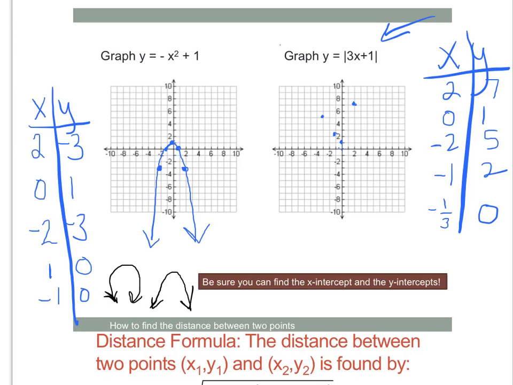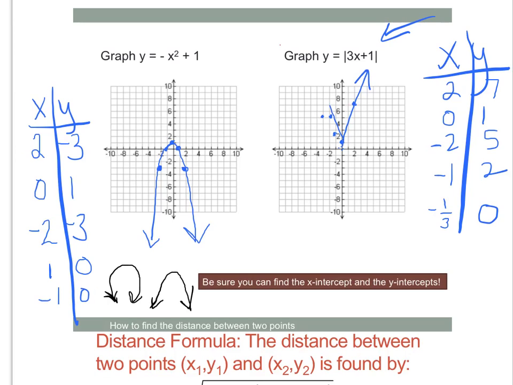I know what I didn't plot correctly. I've got a point that's off right there. This point here should be at -2, comma 5, and I didn't do it at -2. I did it at -3. I knew that looked weird. -2, comma 5 is actually here. There we go. Now I've got some symmetry to my graph.